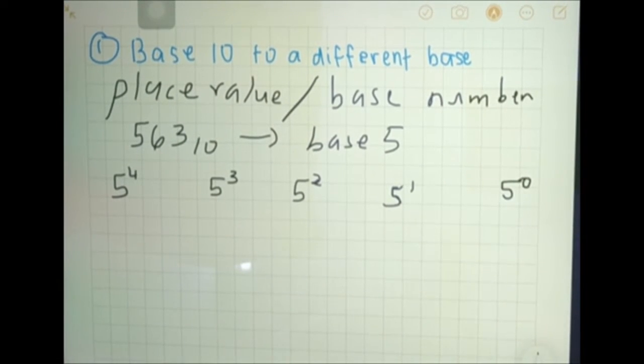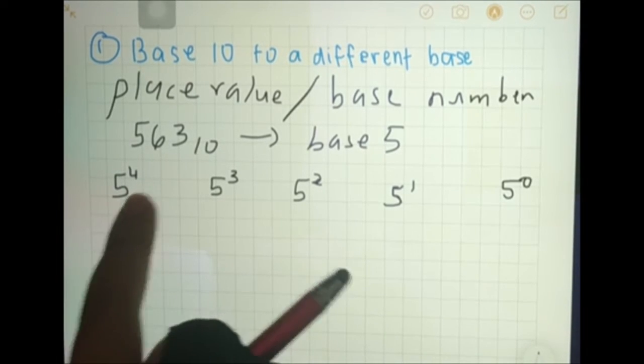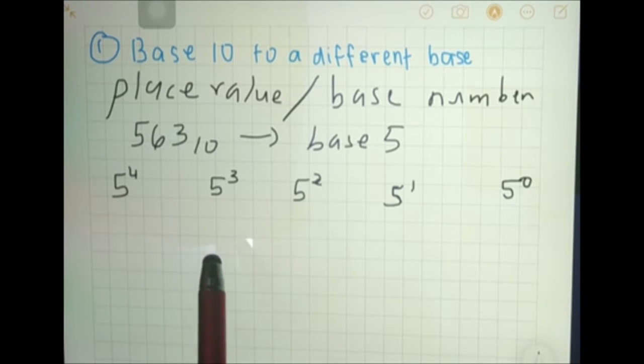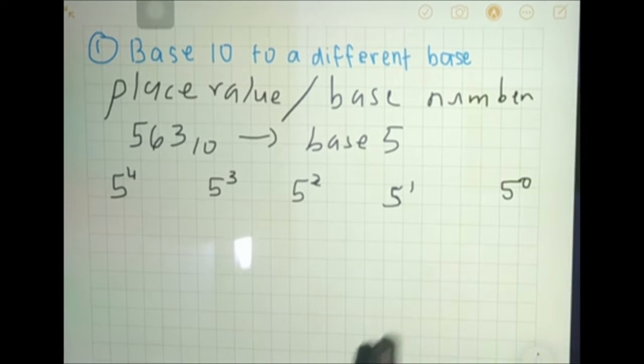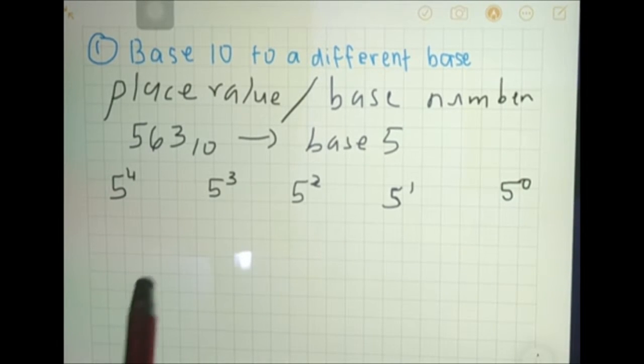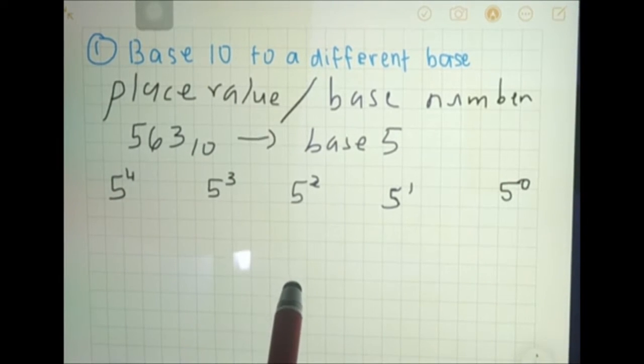And then the second thing we have to do is we divide this number with the place value from left to the right, and each remainder from that division we bring it to the next place value.